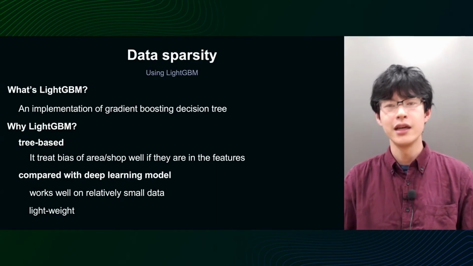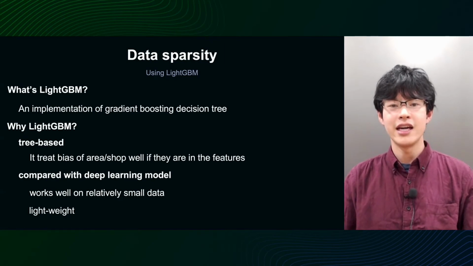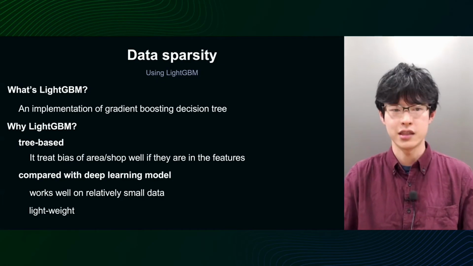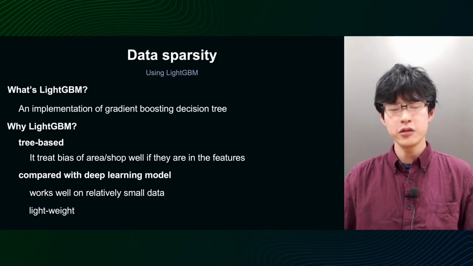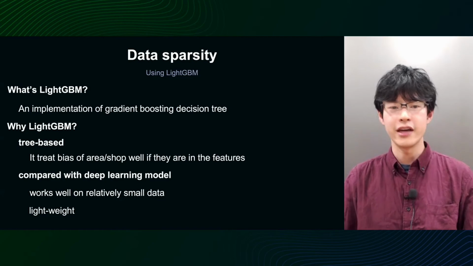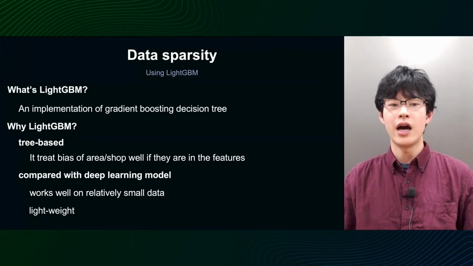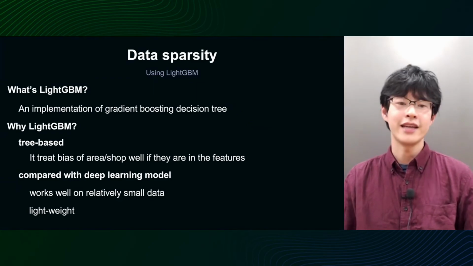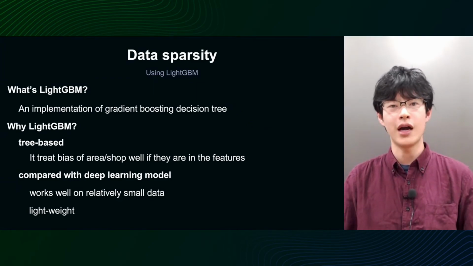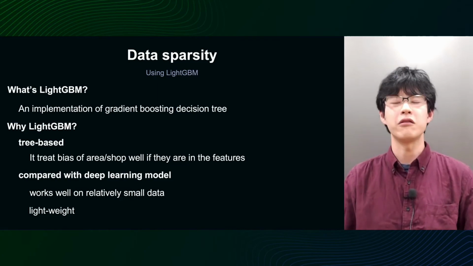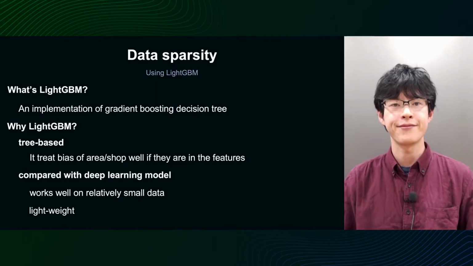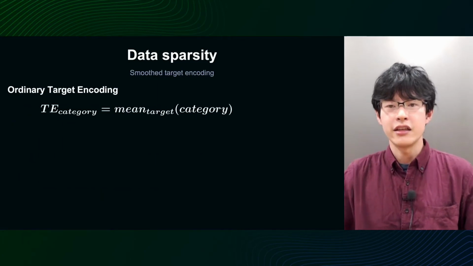When creating a new decision tree, it focuses on learning points that are not well predicted by the decision trees created so far. Therefore, it is expected that the prediction will be reasonably stable even for stores with a small amount of data. Also, from a viewpoint of prediction accuracy, deep learning models can be compared, but LightGBM is more lightweight and is known to work well when the number of data is not so large. In this case, we decided to use LightGBM.